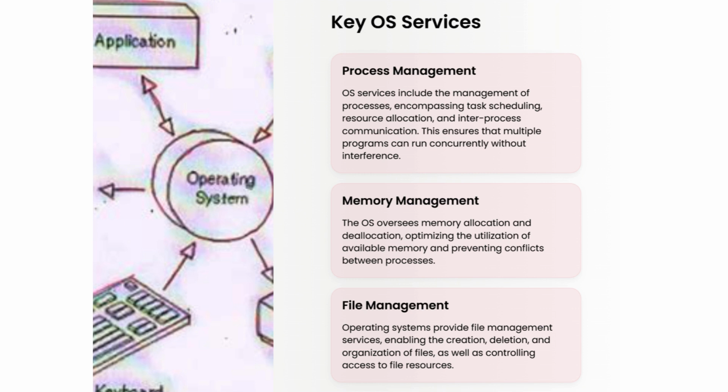Secondly, they handle memory management, which means they control how memory is allocated and freed up, ensuring that different programs can run efficiently without conflicts. Thirdly, they offer file management services, allowing users to create, delete, and organize files as well as control access to these files, making it easier to manage data on the computer.